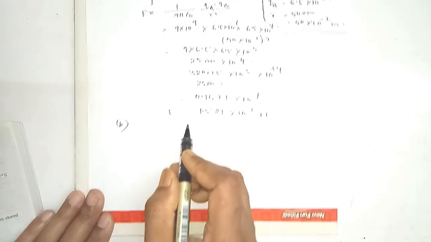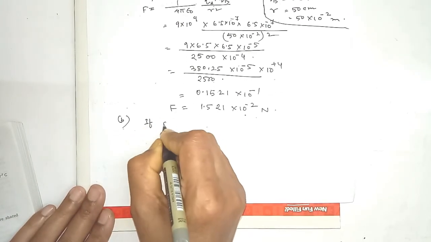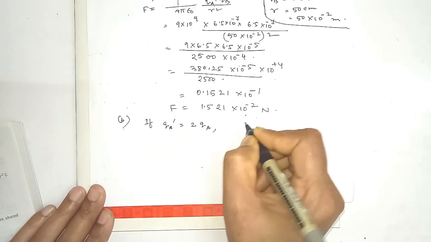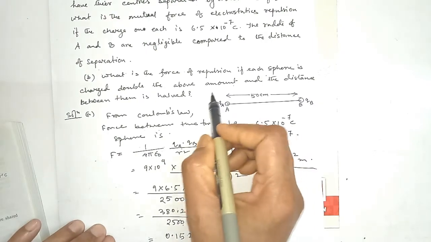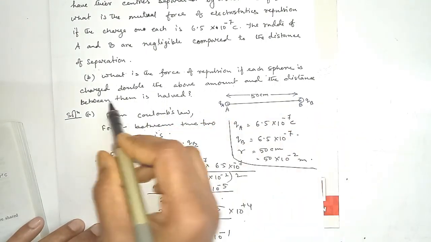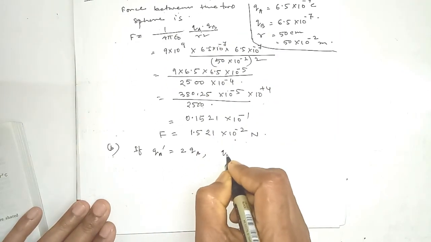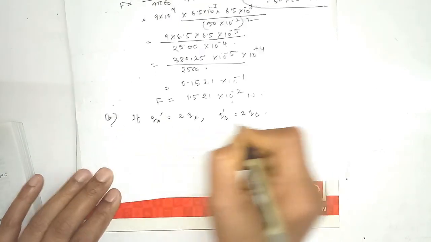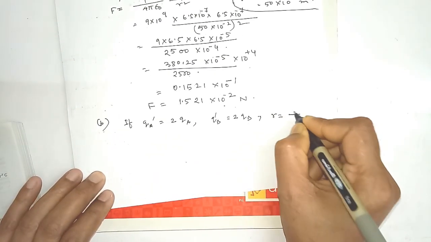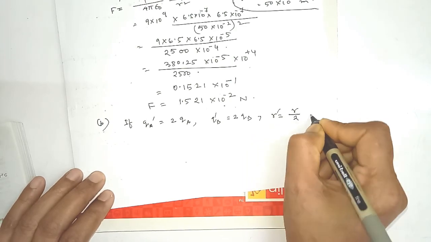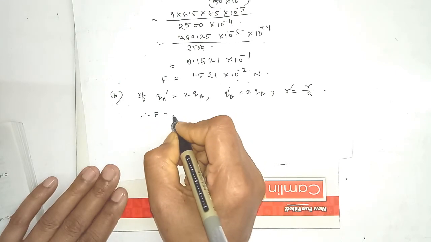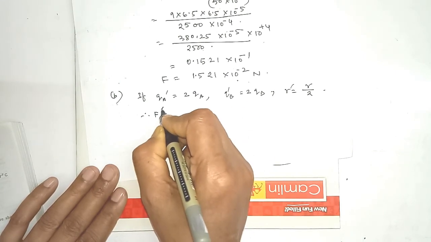That is, if QA dash equal to 2 QA, because it is mentioned that the sphere charge is double the above amount, and QB dash equal to 2 QB, and R dash equal to R by 2, then the force is considered as F dash.